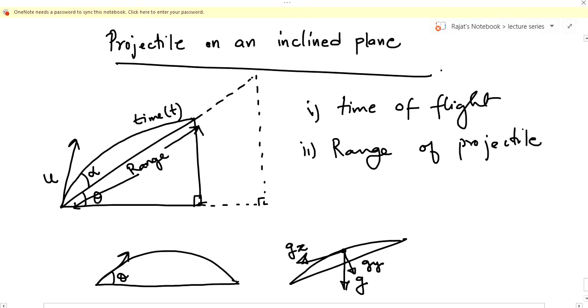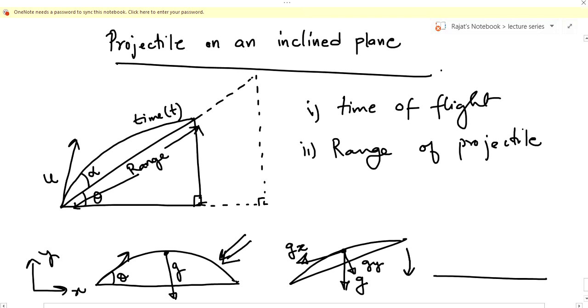Let us call it gy. Now in the earlier projectile, there was no acceleration in the x direction. There was acceleration only in the y direction, which was g. But in this projectile, if I just turn it around like this, g is acting something like this, and we have one component gy and another component gx.